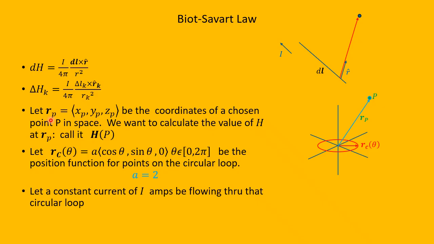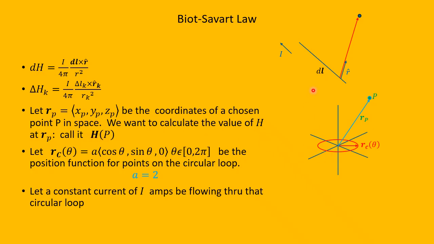And if we let r sub p be the point with coordinates x sub p, y sub p, z sub p, that's going to be this vector here, basically going from the differential wire element out to the point P in space. Let those be the coordinates of a chosen point P in space, and we want to calculate the value of H at r sub p, and we'll call that H of P.